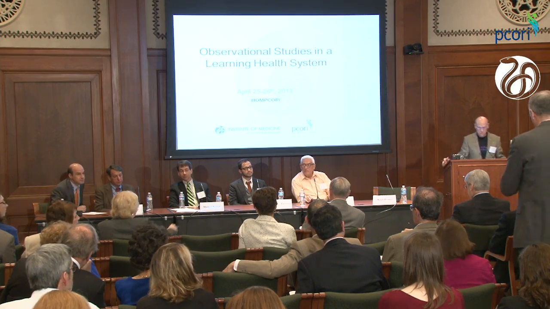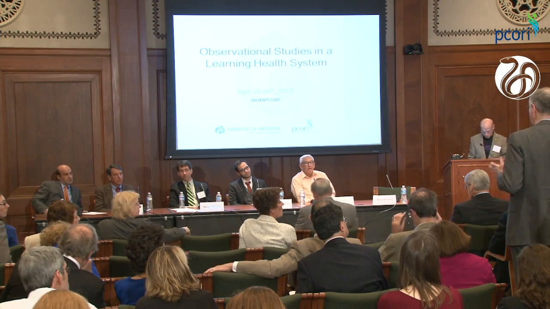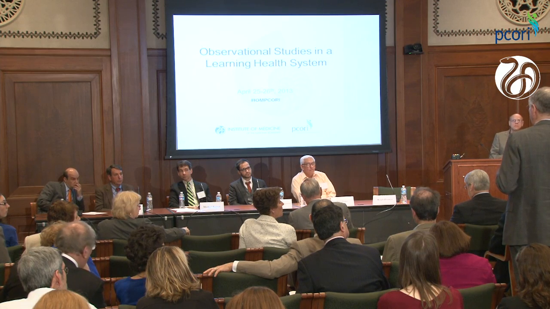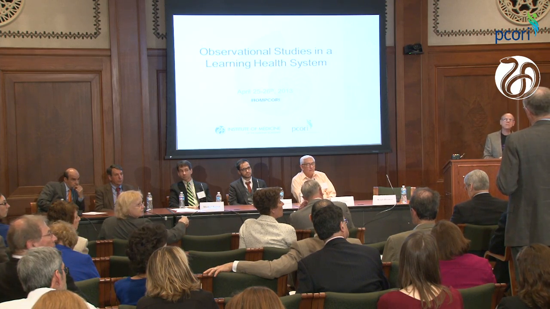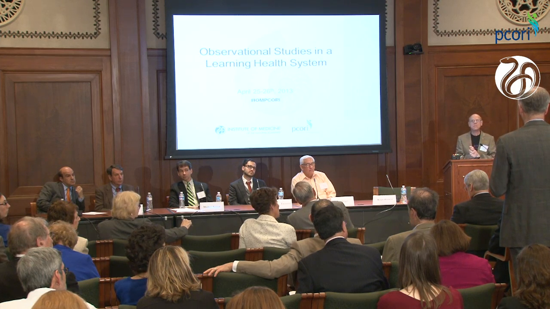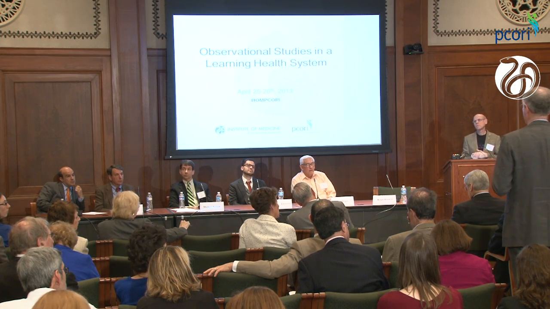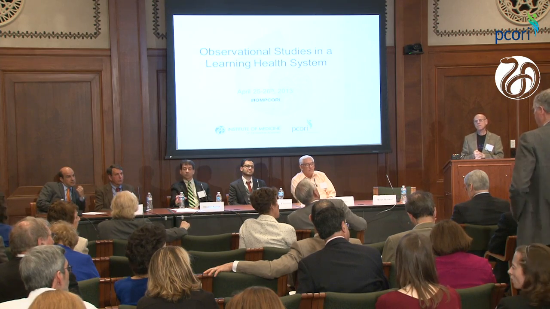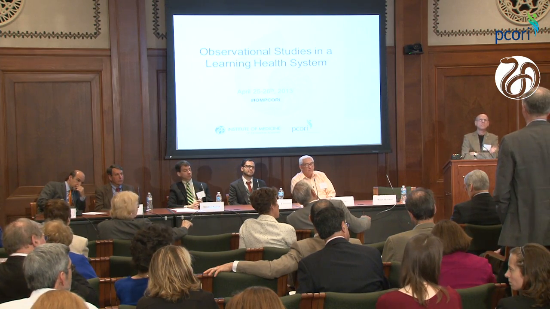Hal? Hal Sox from Dartmouth. So far, you've been talking mostly about prediction rules for prognosis, and I wanted to talk very briefly about prediction rules for estimating pretest probability and a bias that can happen there. Several lives ago, I developed a clinical prediction rule for estimating the outcome of a coronary angiogram. So you have a chest pain score and a prevalence of disease corresponding to a particular chest pain score.